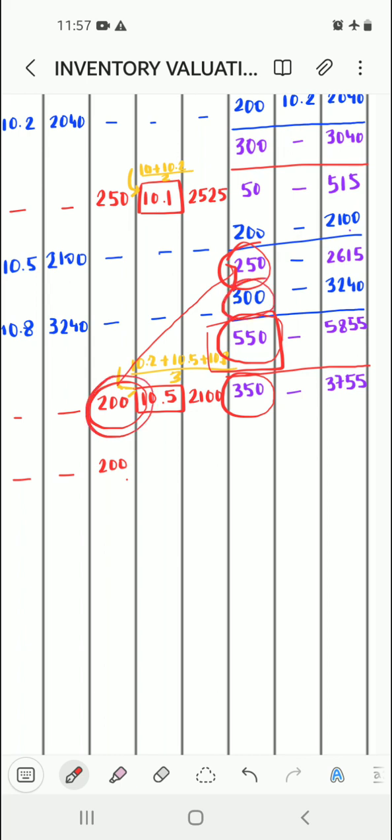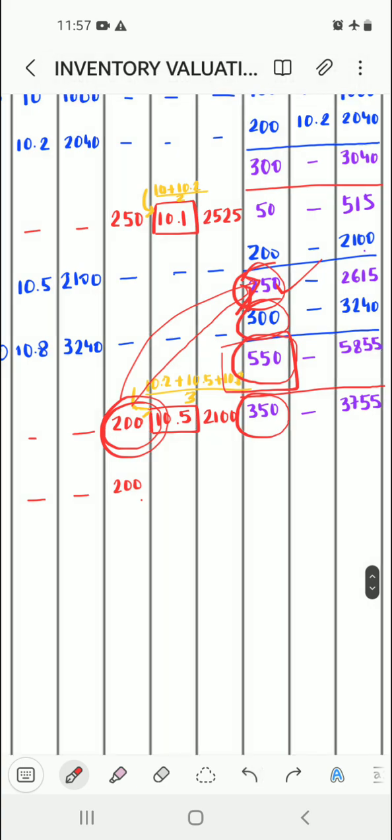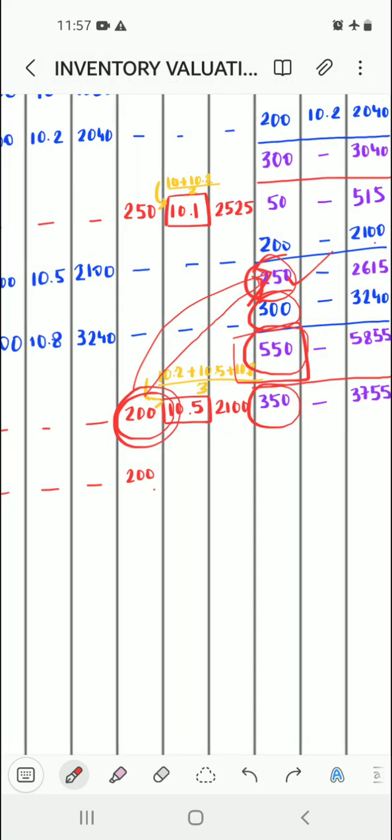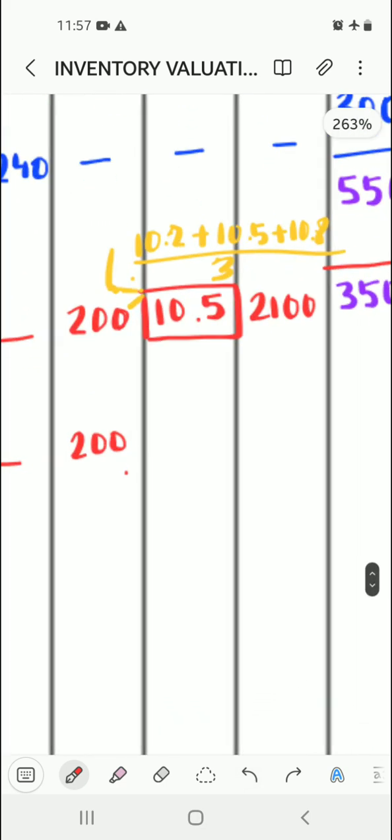So the 200 is gone from here already, and then from here 50 is left, and from here 300 is left. So in this situation, we are going to find out the average. So the average will be, I'm going to write it over here.